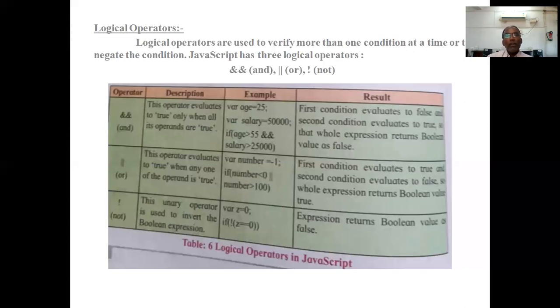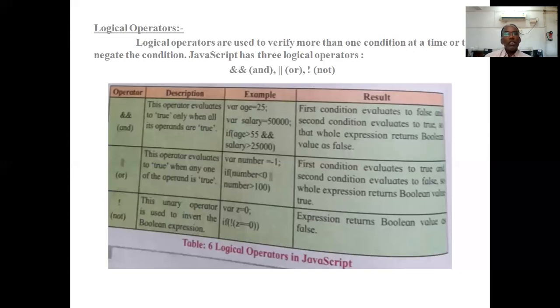We will assign one variable, number, equal to -1. If number is less than 0 or number is greater than 100. So in this example, the first condition evaluates to true and the second condition evaluates to false.